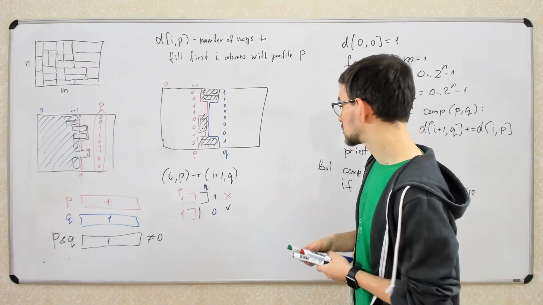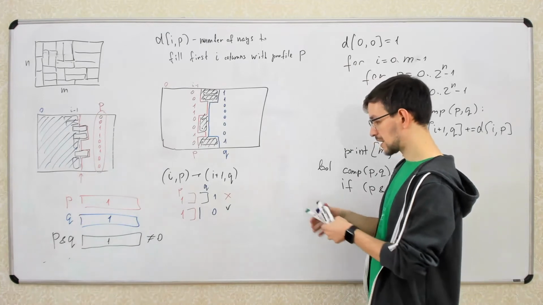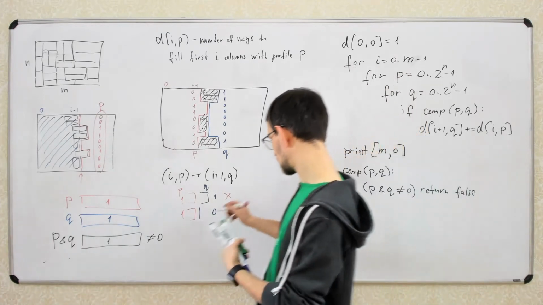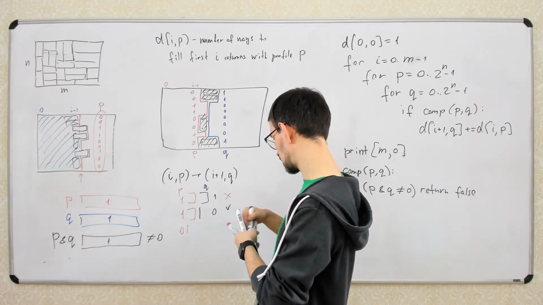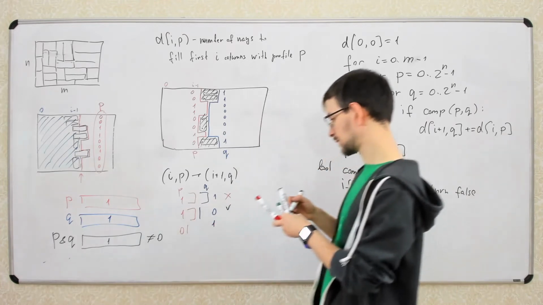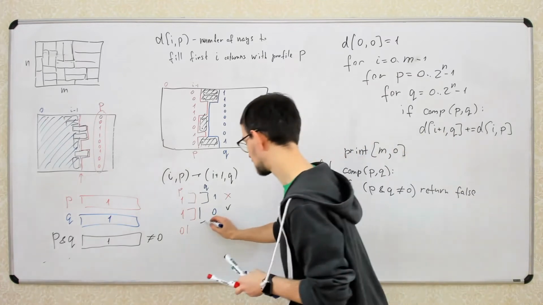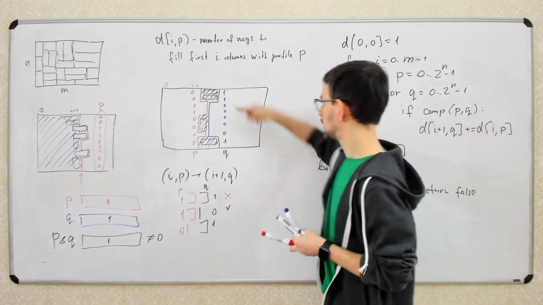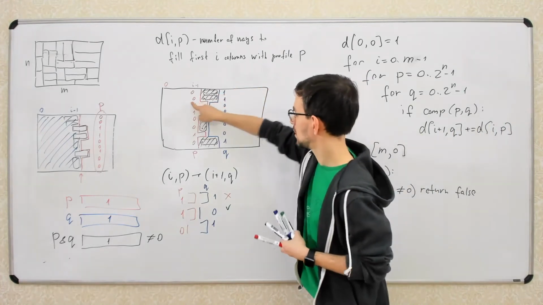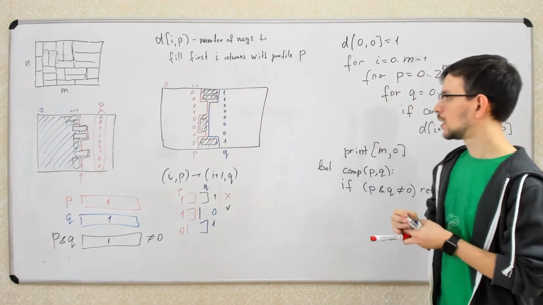What are the situations left? We may have 0 here and 1 here, like here. What does it mean?